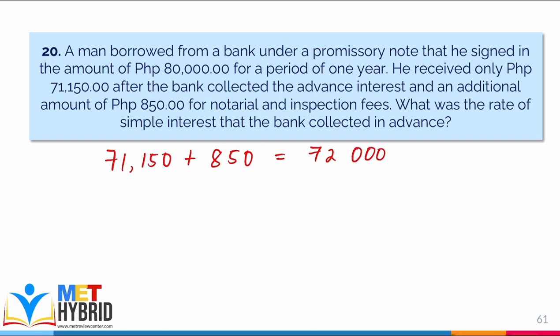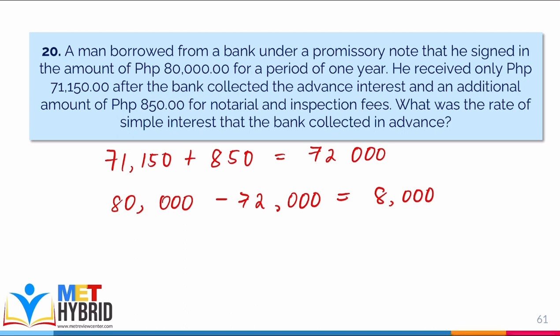Now we want to know the difference between 80,000 and 72,000, which represents the interest. 80,000 minus 72,000, the total interest is 8,000.